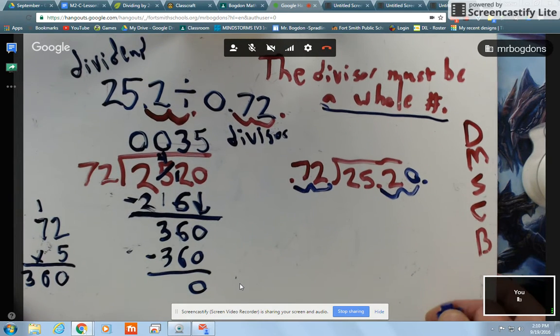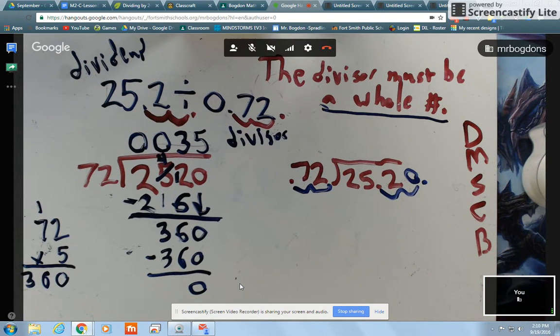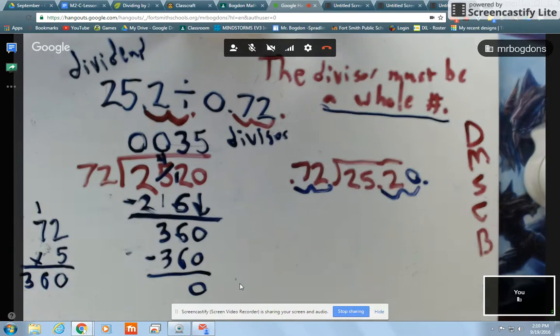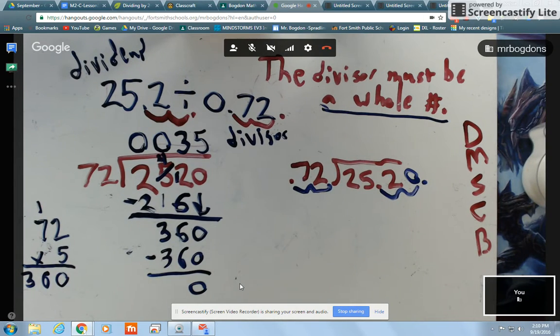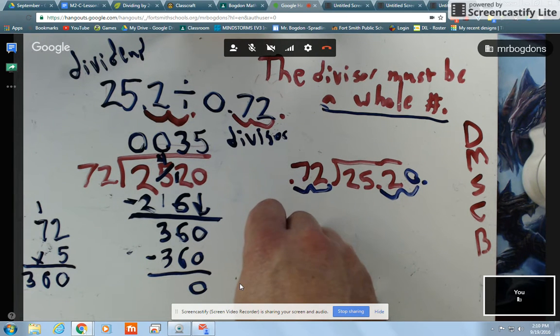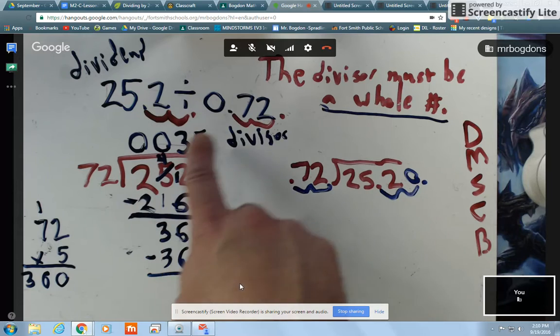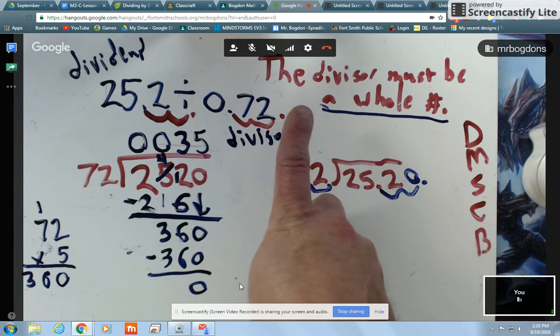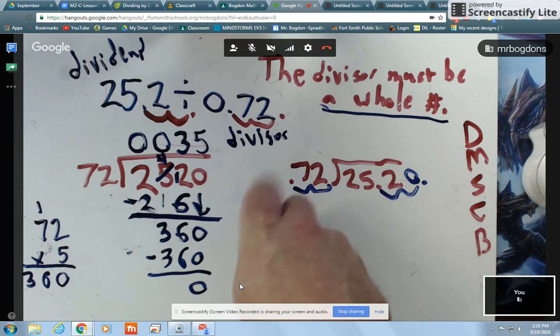So again, let's recap. I had a decimal number being divided by a decimal number. What was the first thing I needed to do before I can begin dividing this? I needed to make my divisor a whole number. So I just put my decimal all the way to the right. I counted how many place values I had to move. 1, 2.